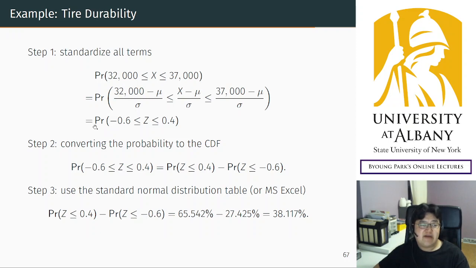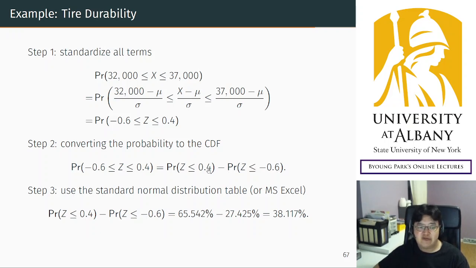And then we have to calculate this probability from the normal distribution table. But you need an additional step to convert this probability between 2 points into a difference of two cumulative probabilities. So probability between minus 0.6 and plus 0.4 equals probability up to 0.4 minus probability up to minus 0.6.